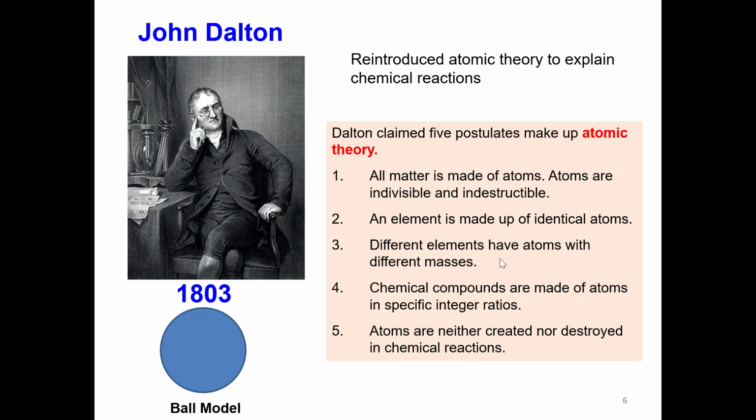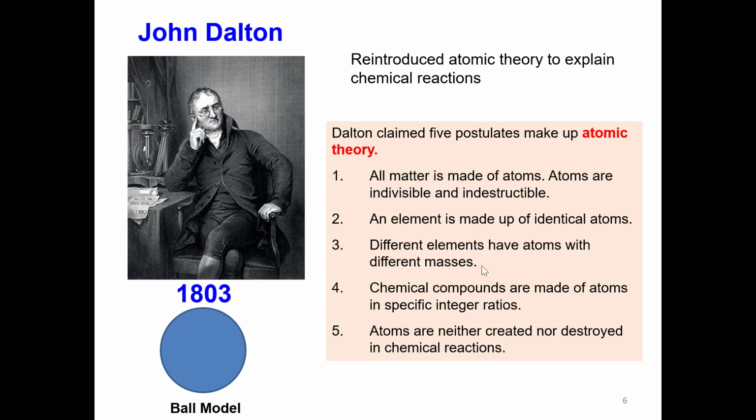Different elements have atoms with different masses. The mass of the atoms that belong to the piece of gold is some mass, but the mass of the atoms that make up the piece of iron is different. Chemical compounds are made of atoms in specific integer ratios.